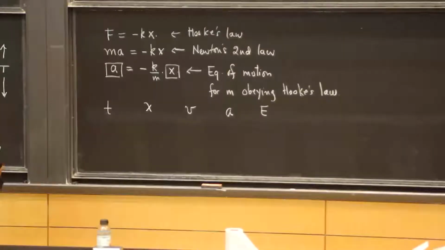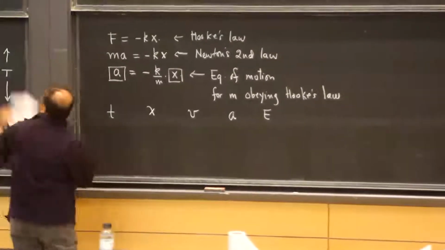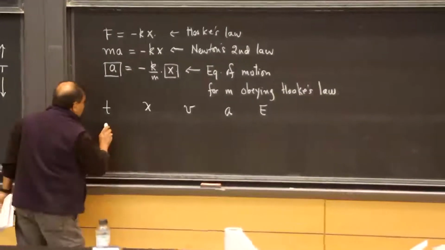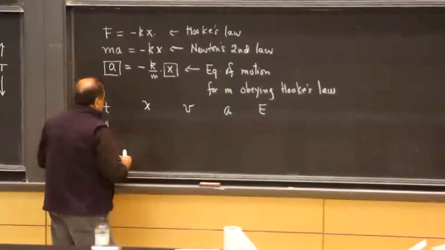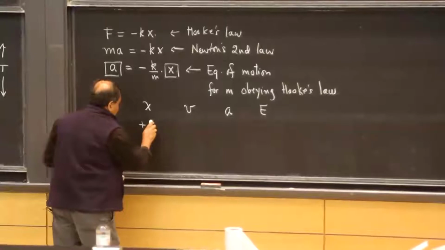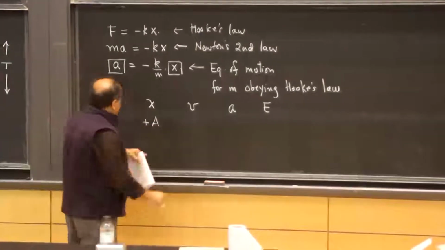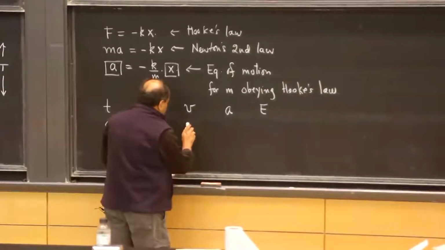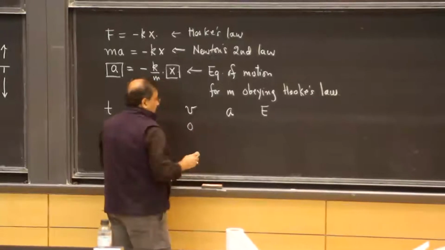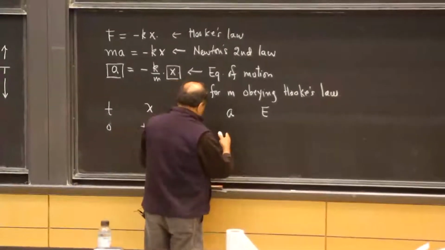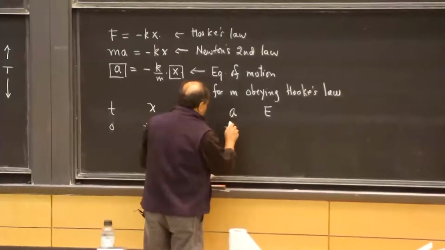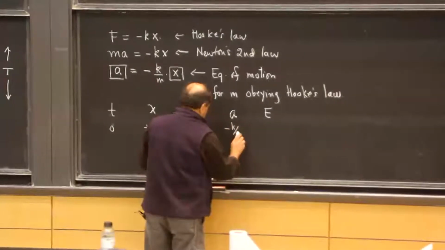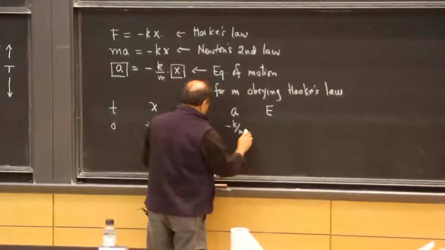So at t equal to 0, which is the configuration I have drawn on the top left picture, at t equal to 0, my x is plus a. My v is 0. My acceleration is going to be, by Hooke's law, minus k over m times a.